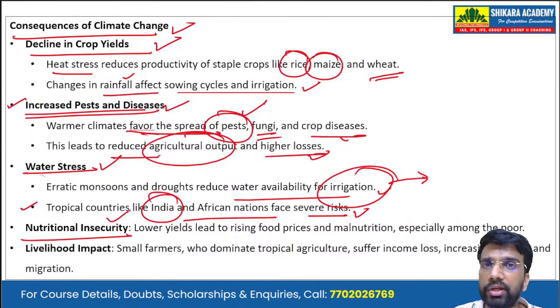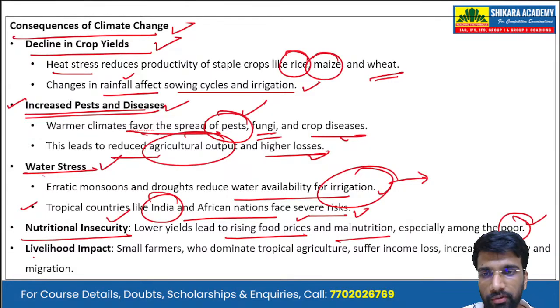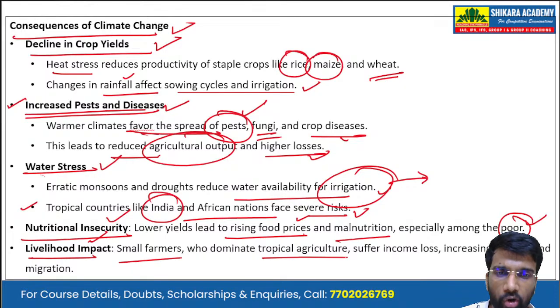Then there is nutritional insecurity. Lower yields lead to rising food prices and malnutrition, especially among the poor. Fourth is the livelihood impact, that is, small farmers who dominate tropical agriculture suffer income loss, increasing poverty and migration.